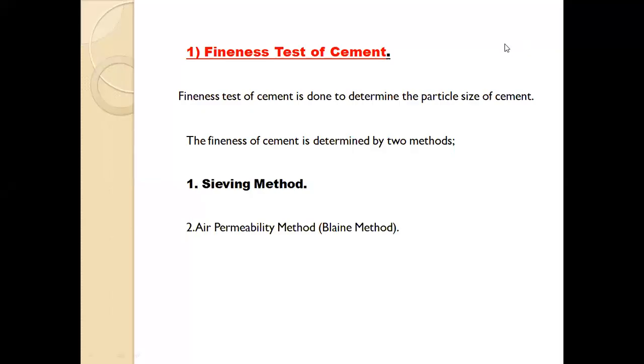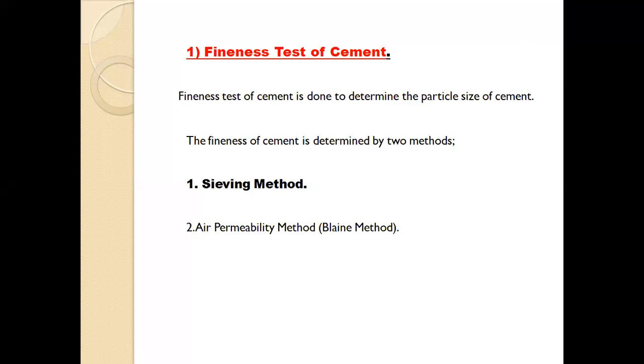First is the fineness test of cement. The fineness test of cement is done to determine the particle size of the cement. The fineness of cement is determined by two methods: the sieve method and the air permeability method.